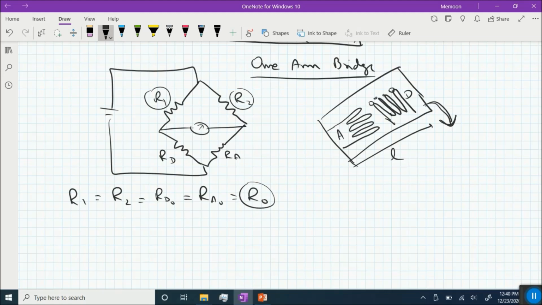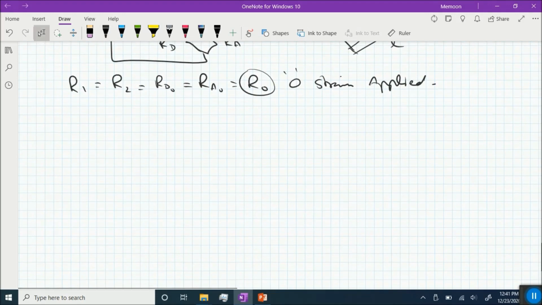And all of these resistances are chosen such that they are equal, and they are equal to the intrinsic resistance of that strain gauge with zero strain applied. So at this point, it is obvious that the bridge would be in a balanced state with a null output.